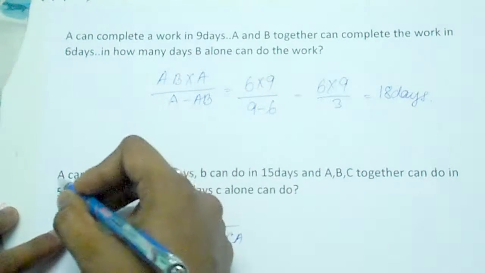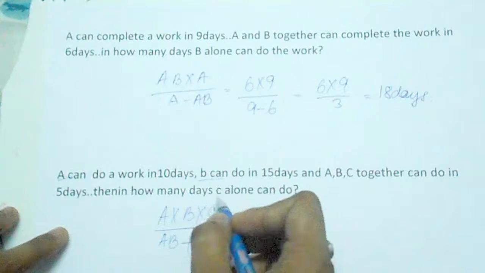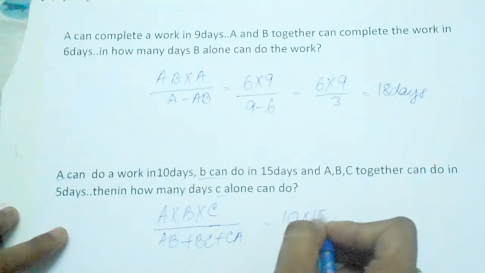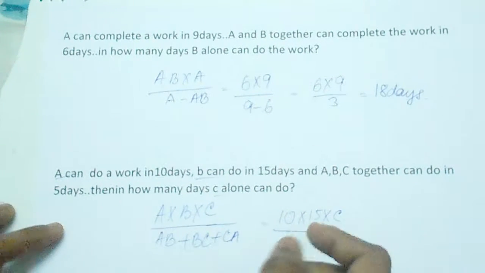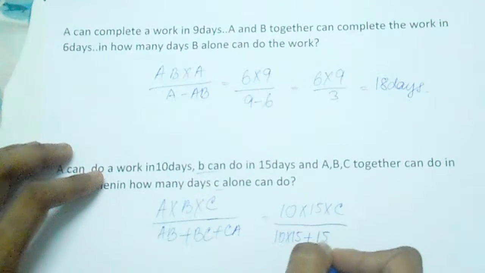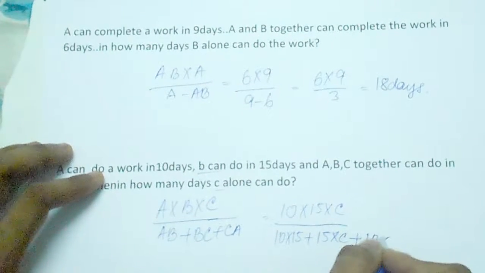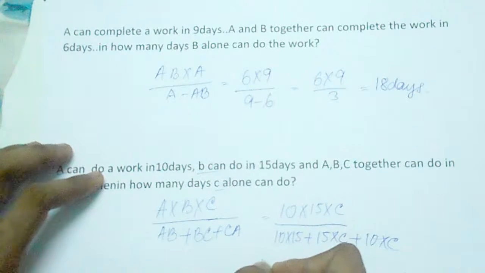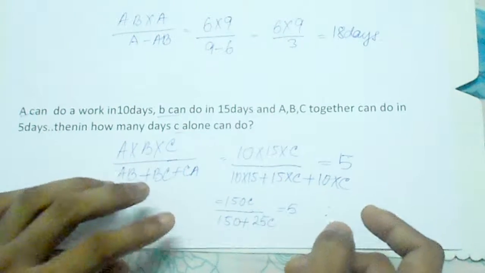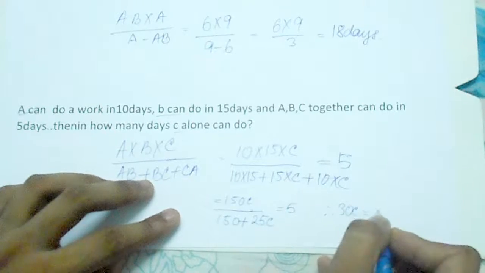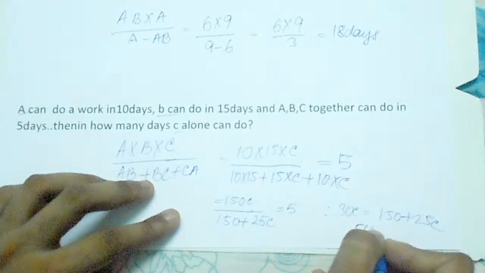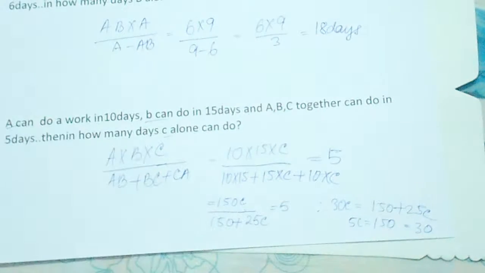So in case of three variables A, B and C, we have to apply this formula, and thus it's 10 into 15 into C divided by 10 into 15 plus 15 into C plus 10 into C. So it's 150 C, therefore 30 C equals 150 plus 25 C, 5 C equals 150. So 30 is the answer, guys.